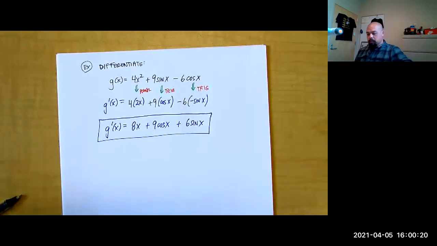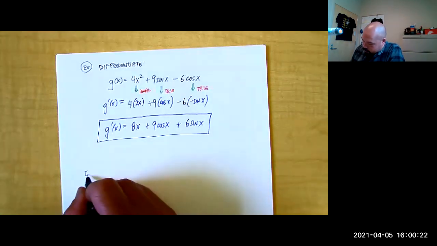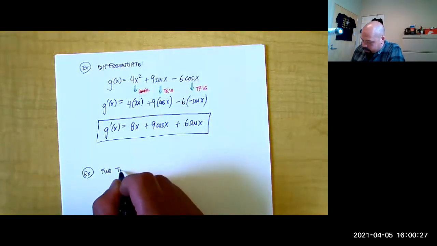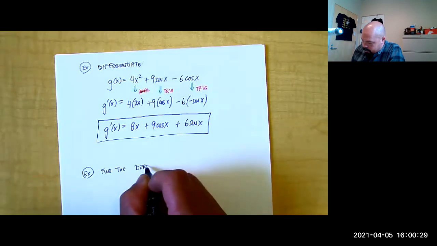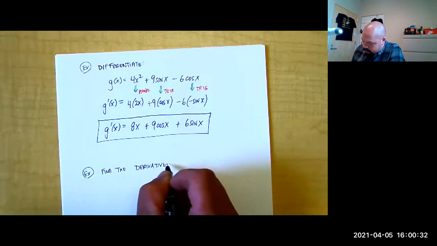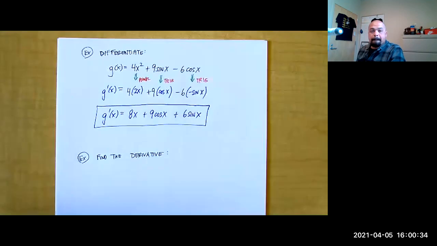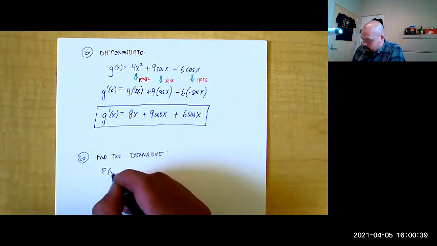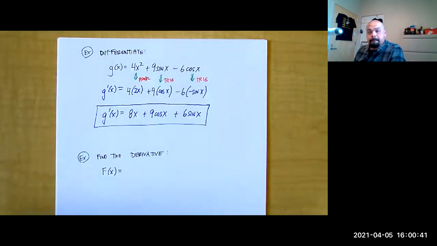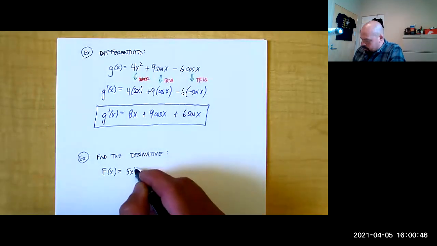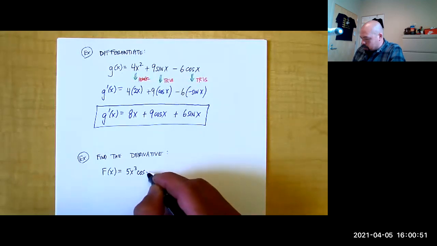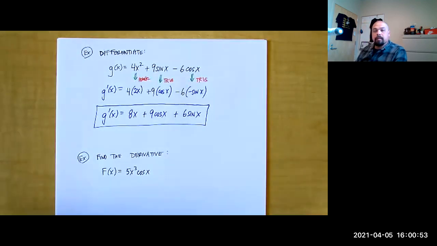Okay. Next up, let's do this one. Let's find the derivative. And what if we have here capital F of x is going to be, let's say here, 5x cubed cosine of x, right?